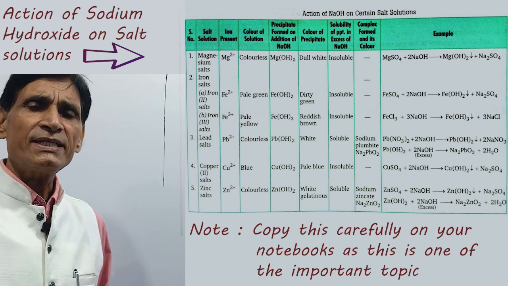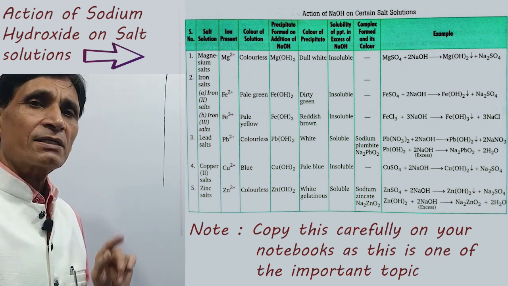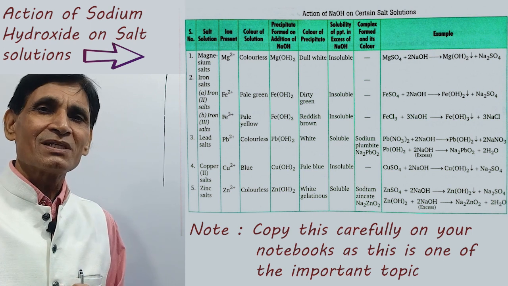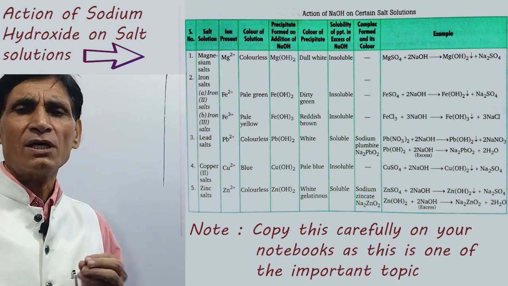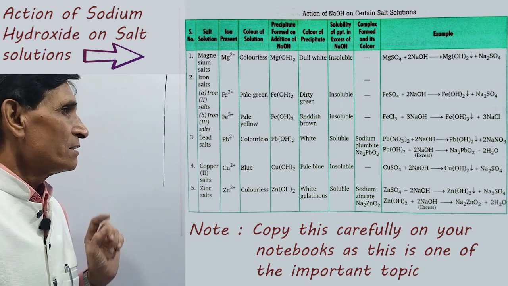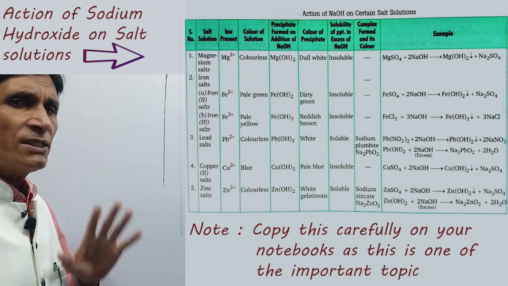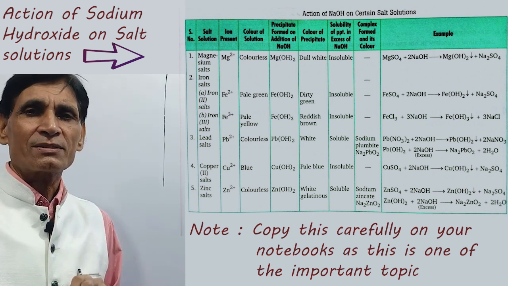Next, ferric salt. The ion present is the Fe3 plus ion. The color of the salt is yellowish brown or brown. The ion present is the ferric ion. The color of the solution is pale yellow.